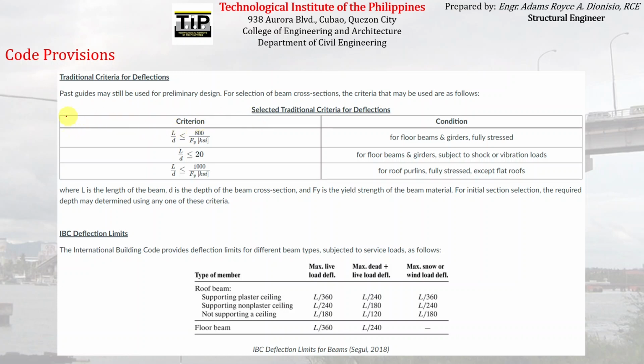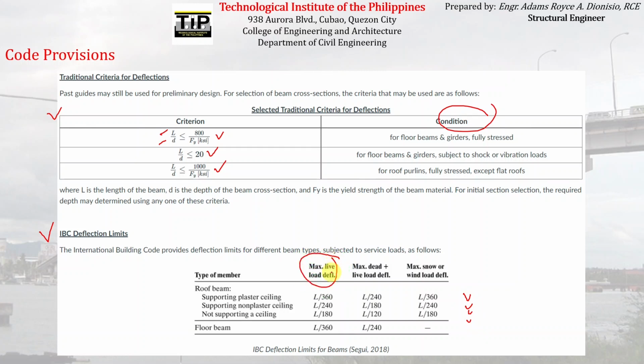You can use this table to ensure that the deflection will not be excessive, by ensuring that the ratio of the length and the total depth of the beam will be less than or equal to this value or this value or this value, depending on the corresponding condition. Or you can also use the IBC deflection limitations, which are specified here on the table with respect to the corresponding load that causes the deflection.